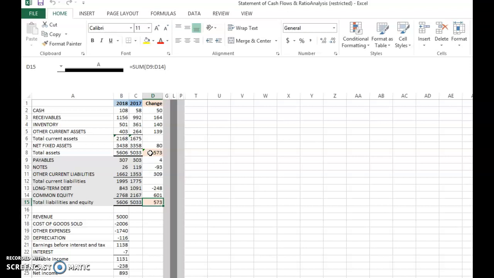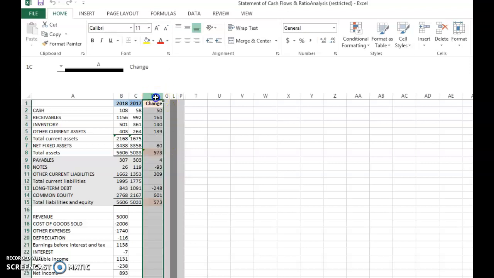This change in cash flow is provided in a particular framework, and that framework is dependent on this change in assets being equal to change in liabilities plus change in equity. That's the first step.